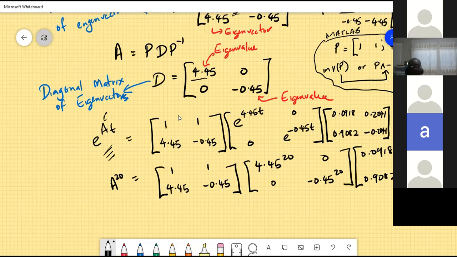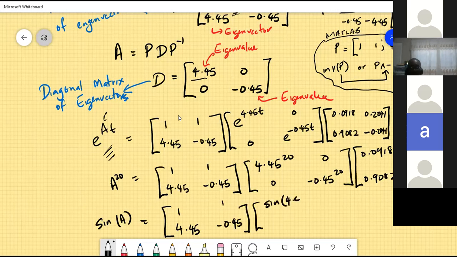And what about sine A? These three matrices multiplied, so the same thing. P, D, P inverse. The sine of the angle must be in radians.